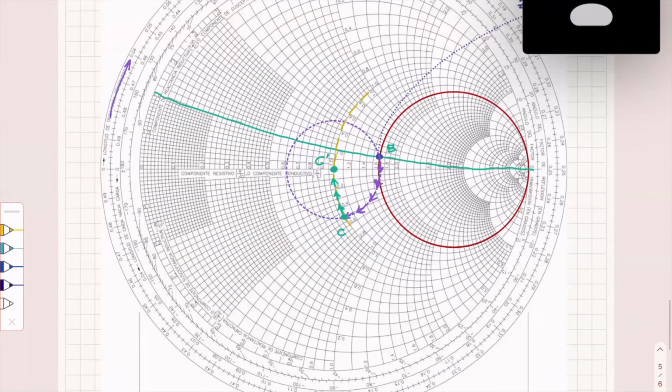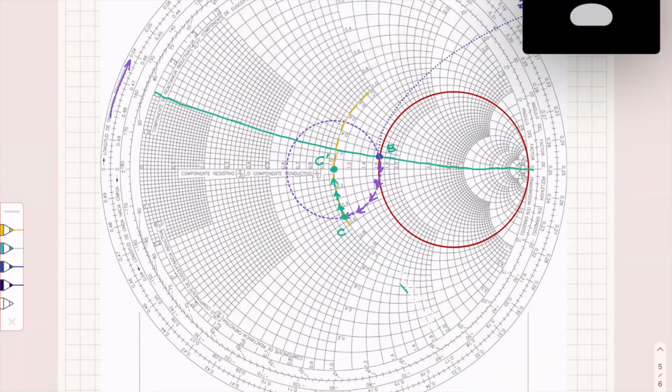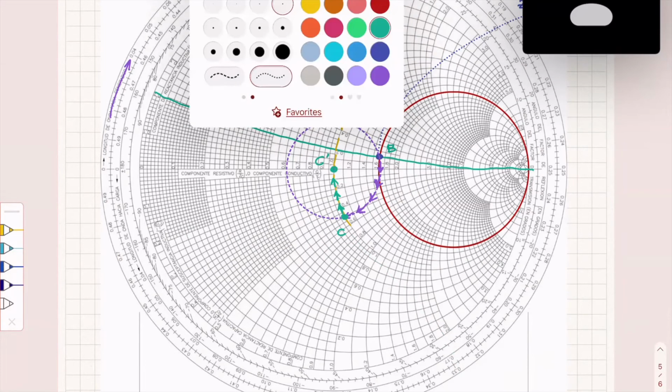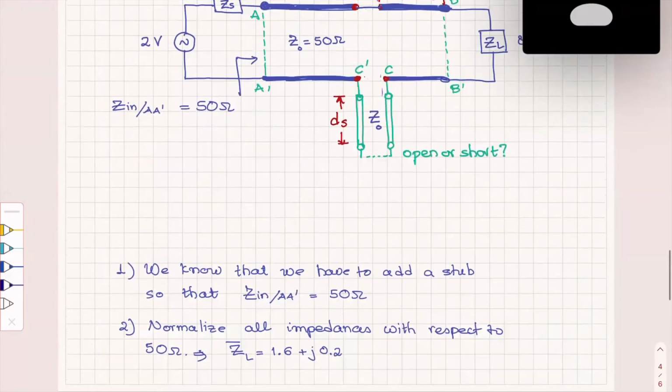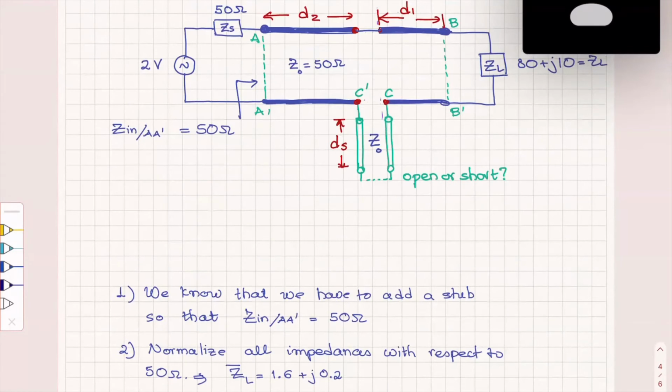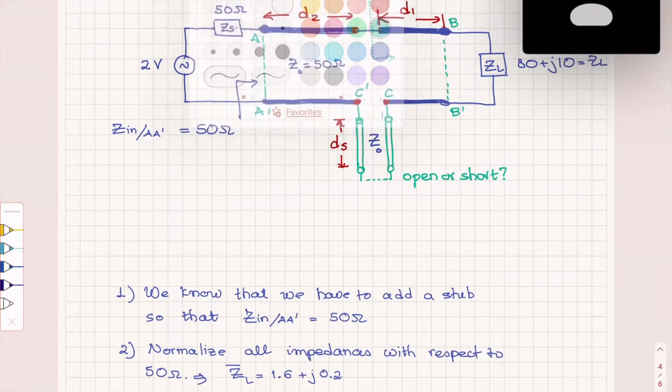When I have C, this, let me do it also. Well, excuse me. This point C is gonna be the impedance as I see here. And this impedance is gonna be the impedance towards the load at C point, all right?